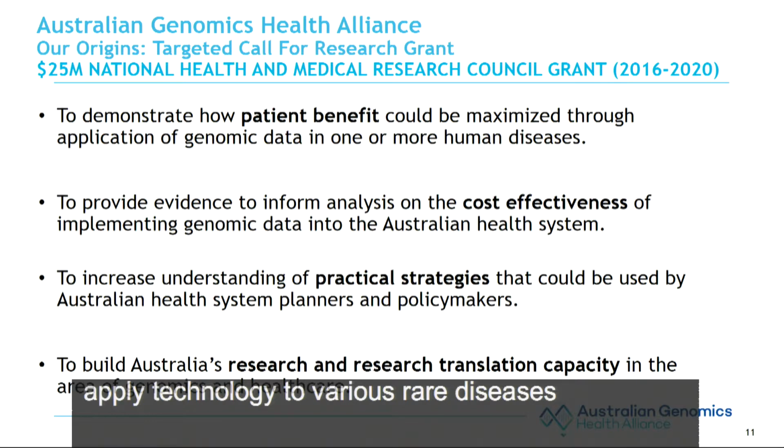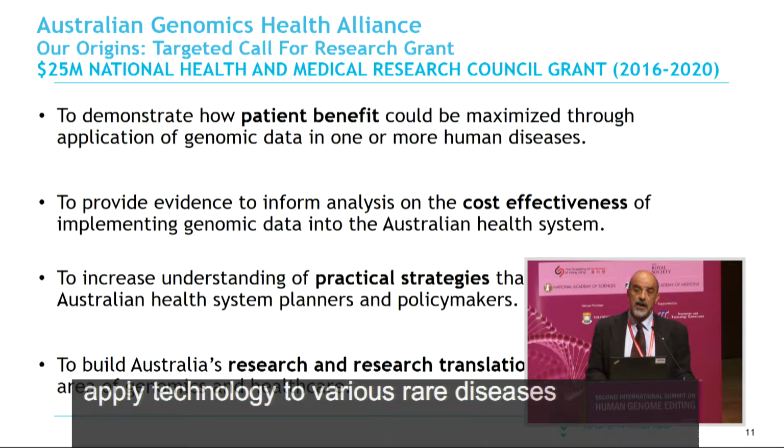And inevitably there will be potential barriers to implementing this technology, sociological, technical, practical, etc. And so a large part of our work is examining those barriers and putting together strategies for how we can deliver this technology at a national level.